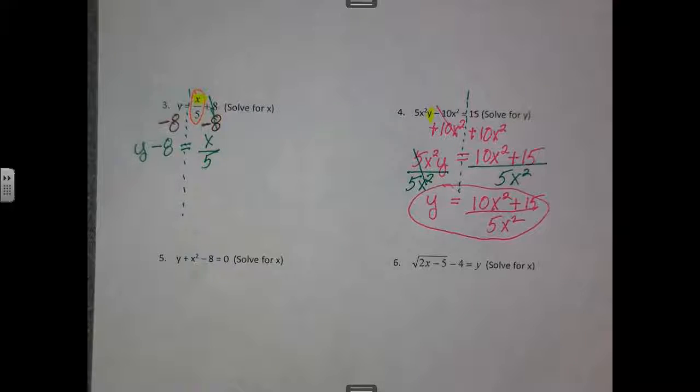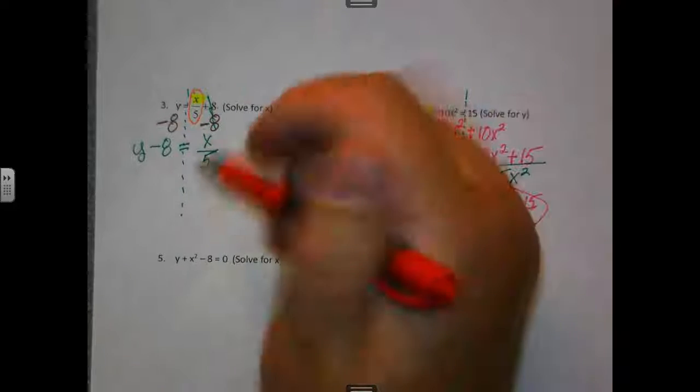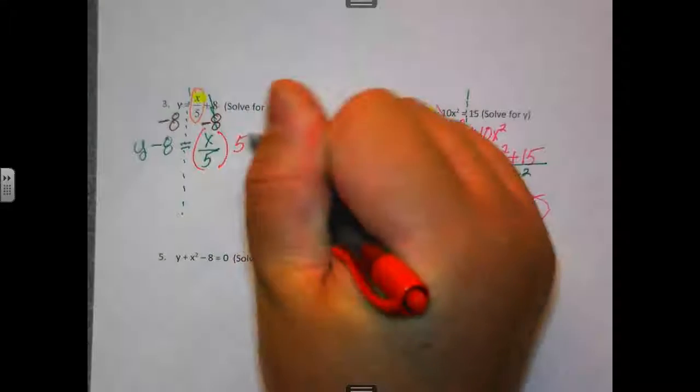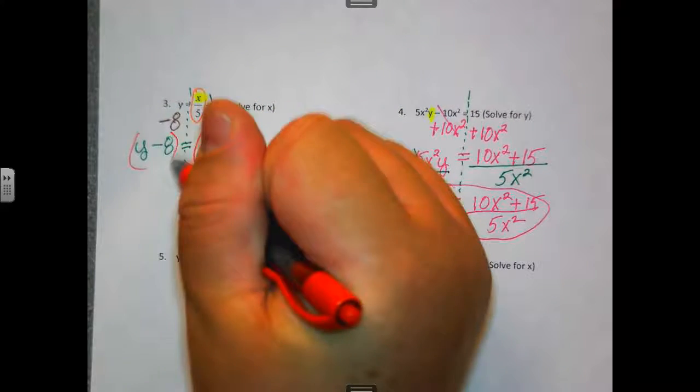Now, what's happening to my x? It's being divided by 5. So how do I undo division of 5? Multiply by 5. So I'm going to multiply by 5, multiply by 5.